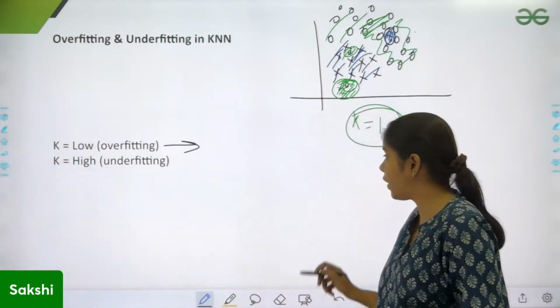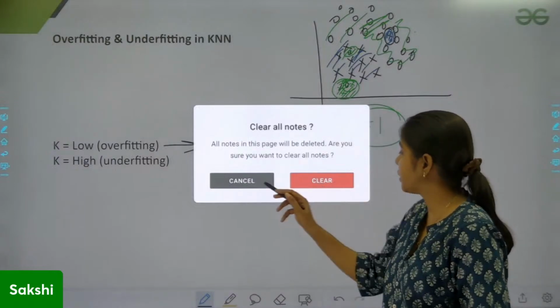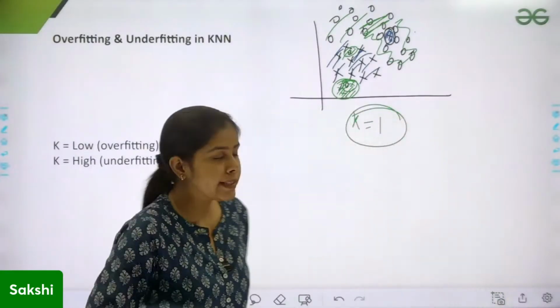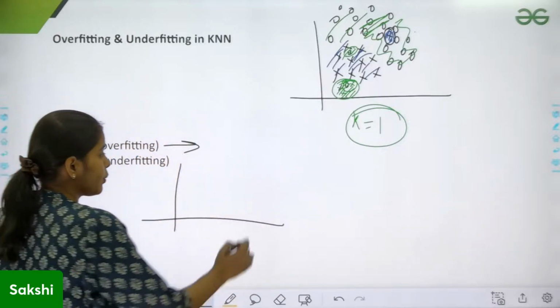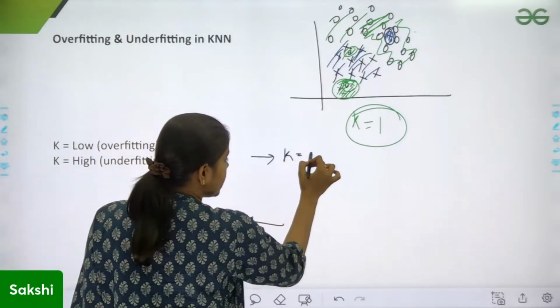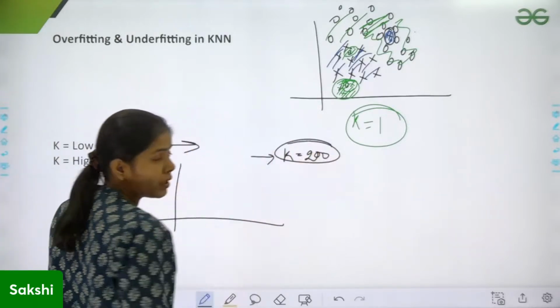And if I talk about underfitting, let's talk about k being high. What high value can I take? Let's suppose we have 200 data points, so I can take the value at max 200.